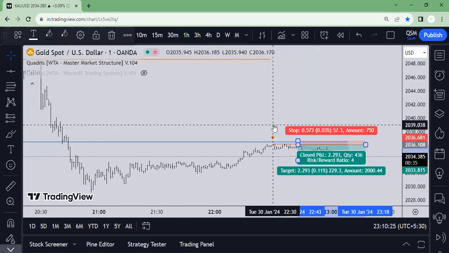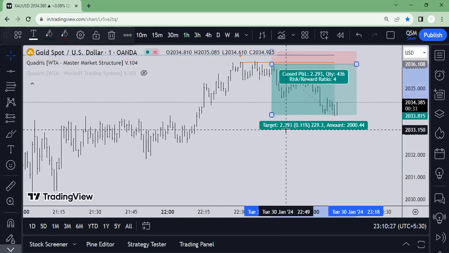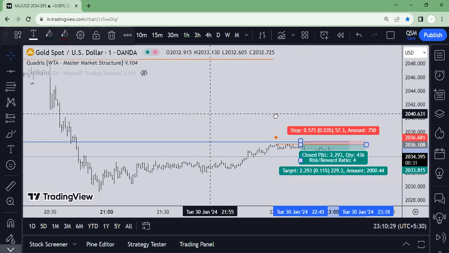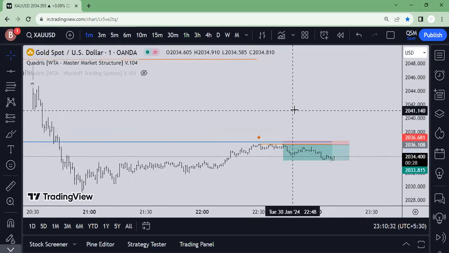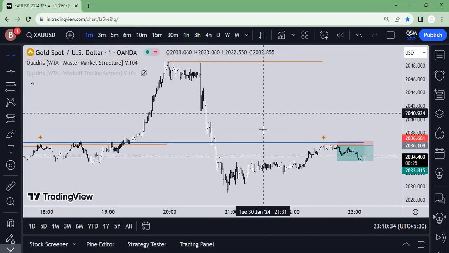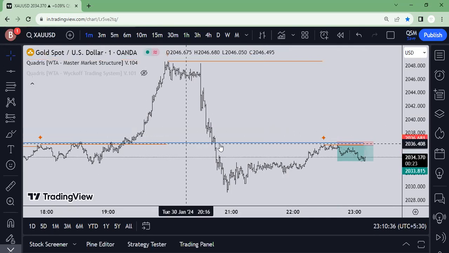So it is a low risk, high reward trade, and that too on a level which was printed long back, and the market still respects those levels. See how beautifully it respects. See how beautifully it respects.